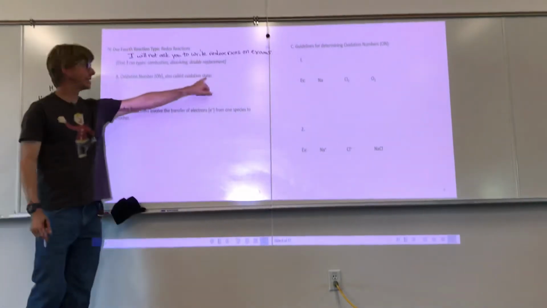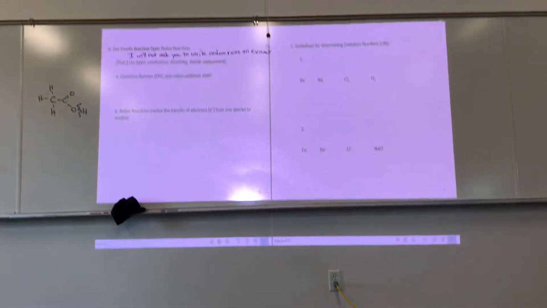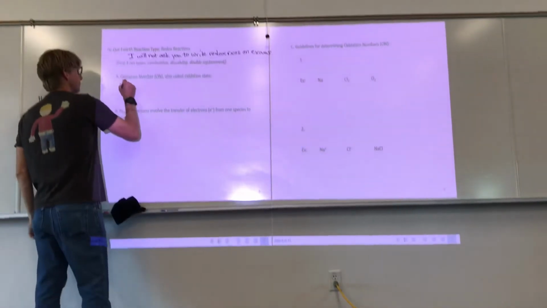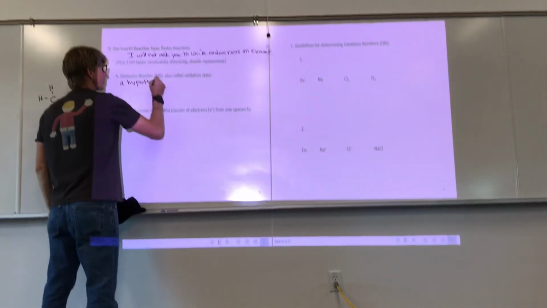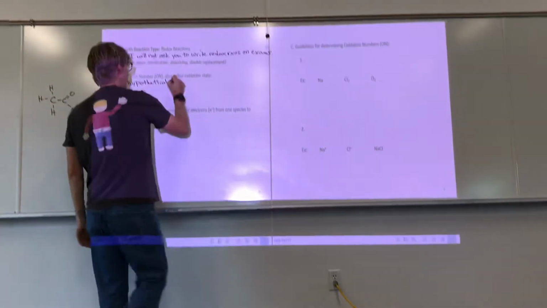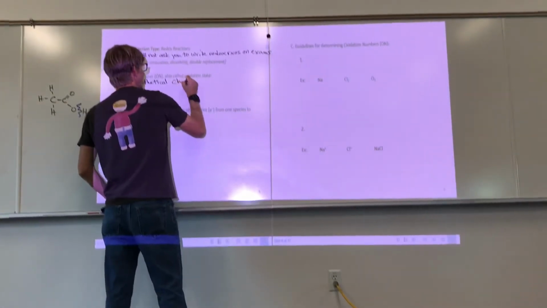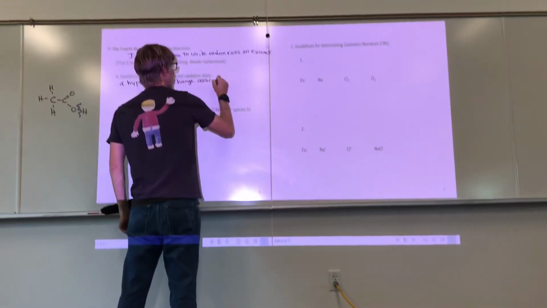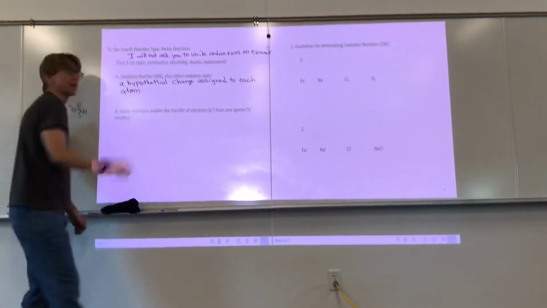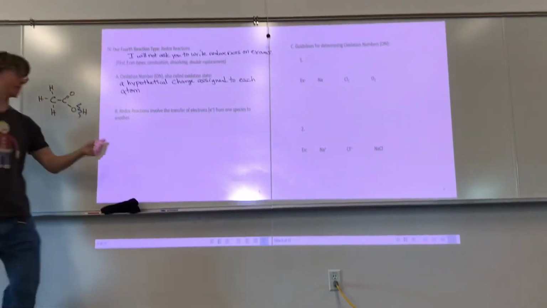If I were to define the oxidation number, I would define it thusly: a hypothetical charge assigned to each atom that allows us to keep track of electron movements in reactions.